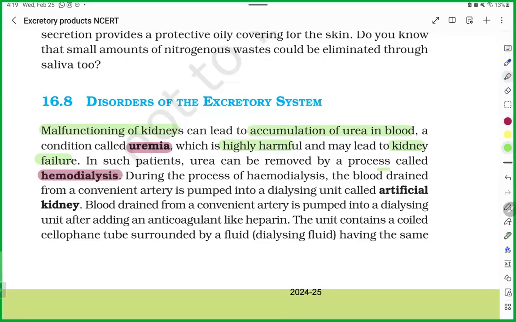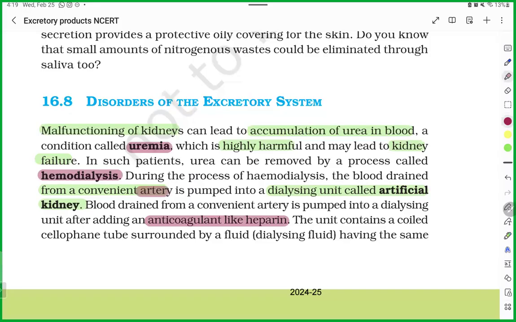What happens in hemodialysis? Blood will enter from the artery into the dialysis unit known as artificial kidney. Before that, we have to add the anticoagulant heparin.